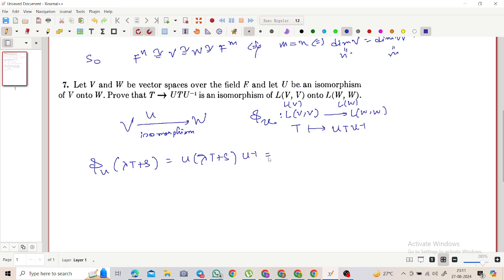This is S and this is U. Yes, okay. U of lambda T U inverse plus U S U inverse. Lambda will come out because lambda is multiplied with the matrix.